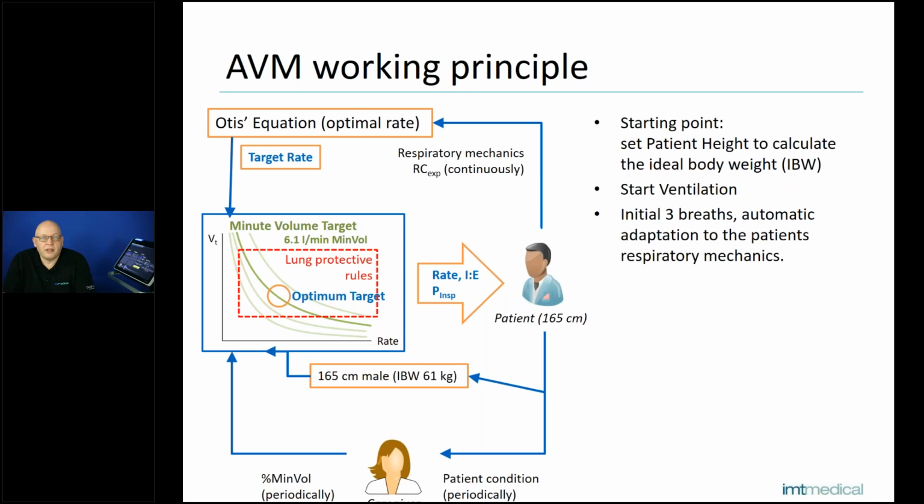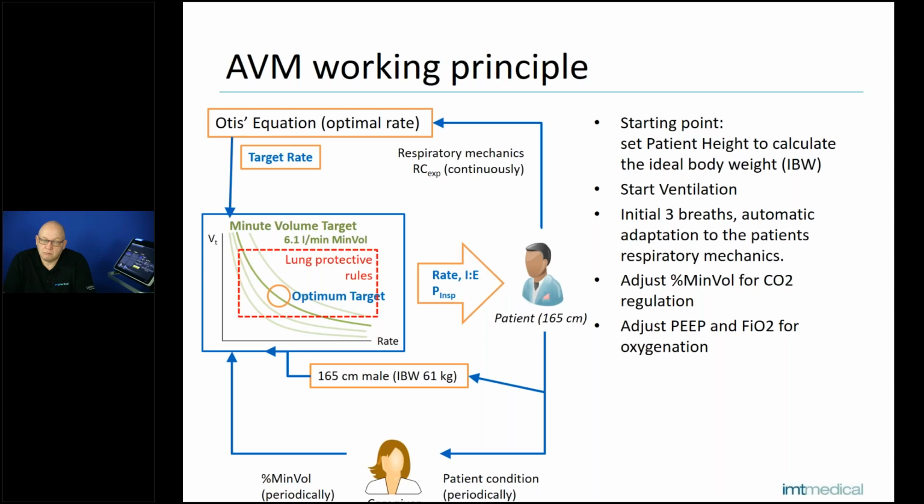At the beginning, AVM is doing an initial 3 breaths just to measure out the lung mechanics. And then maybe 1 hour later, 30 minutes later, I have to check the CO2 of the patient, or have a mainstream sensor and can check myself. And then I decide, okay, should I increase the minute volume, or should I decrease the minute volume, or should I leave it like it is?